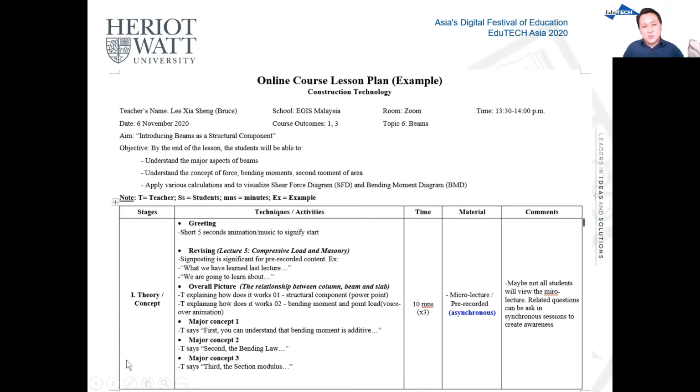Since the students may need to go back and refresh their knowledge and memory on the subject matter, there is some advantage if you prepare the theory and concepts as micro lectures. Make sure that you manage the materials in such a way that the students can easily access the specific content.